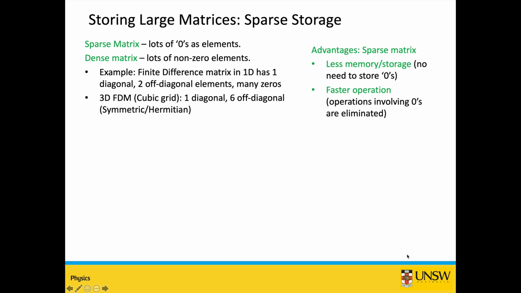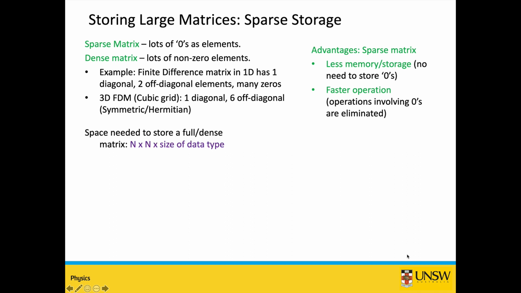To sum up, the advantages of a sparse matrix are less memory required in storage, with no need to store a lot of zeros, and you can also have faster operations because you can ignore the operations that involve zeros. Basically, you can design clever algorithms to eliminate those computations.